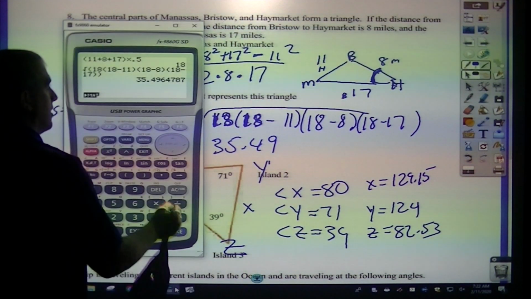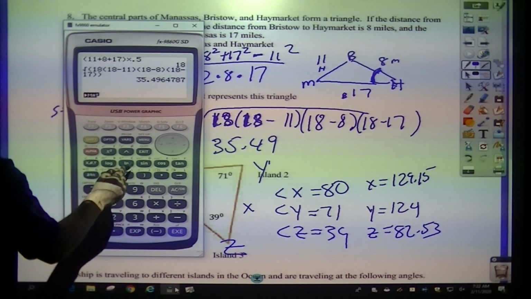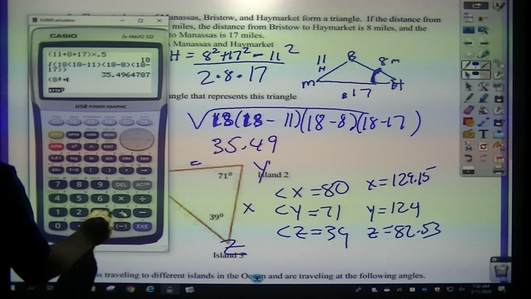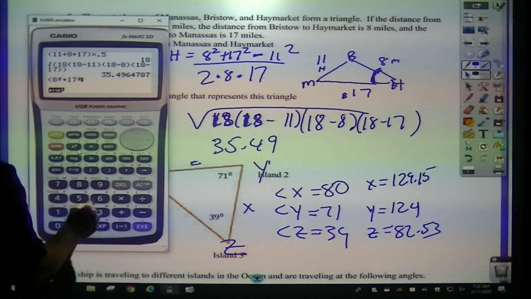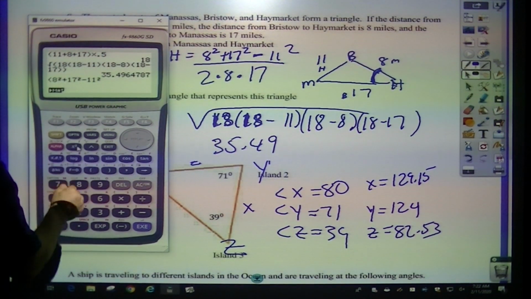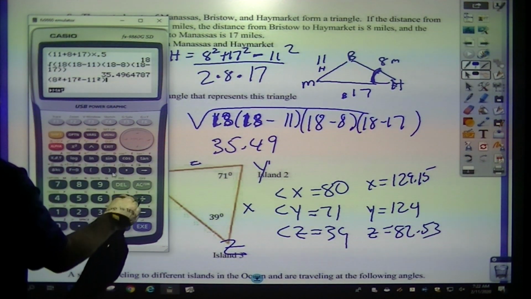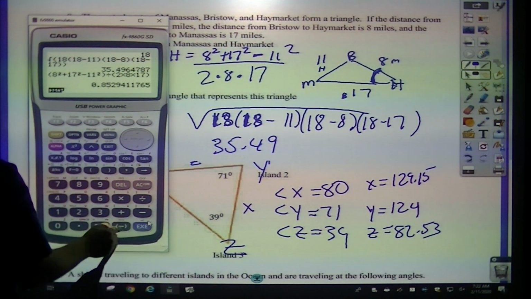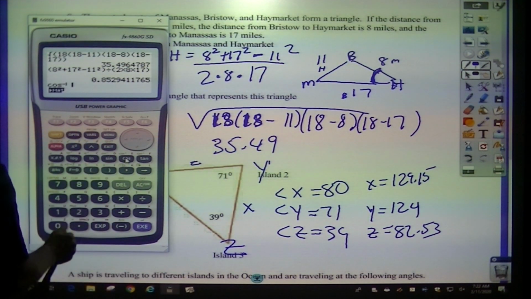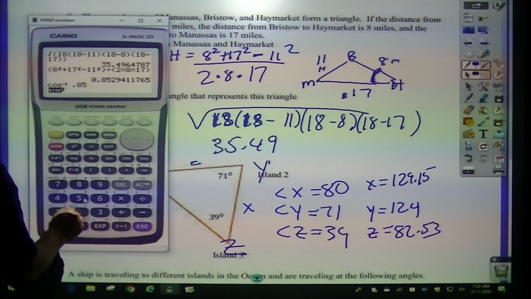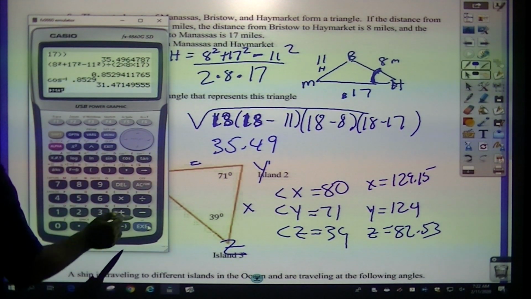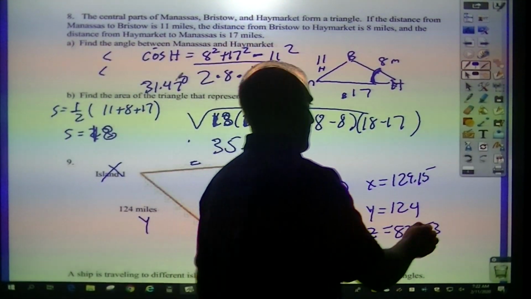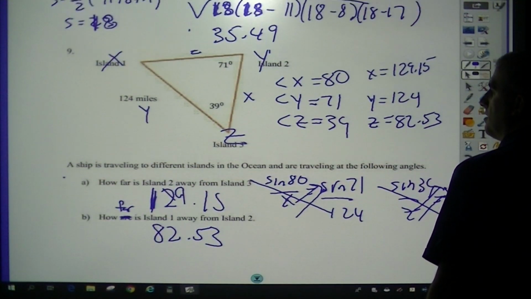So I would do parentheses, 8 squared plus 17 squared minus 11 squared, divided by 2 times 8 times 17. Then inverse cosine of 0.8529, so that's 31.47 degrees.